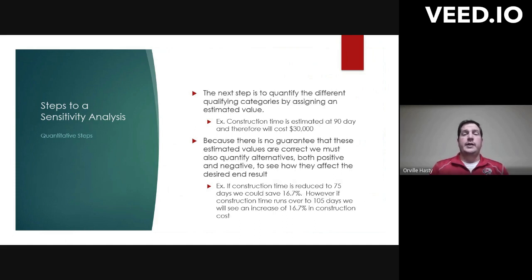Because there's no guarantee that this contractor will be able to hit those numbers and those dates, those estimated values must be run through a sensitivity analysis, right? We've got to look at both the positives and negatives and how they would affect the desired end result, our overall capital budget. So if construction time is reduced by 15 days and they're able to save a little bit of time for whatever reason, we end up saving 16.7% or $5,000.